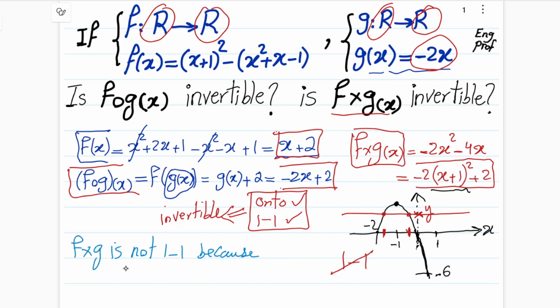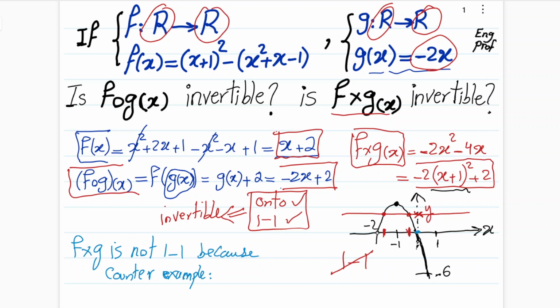So I'm going to write it here. Because of this counterexample, what is that counterexample? It is this: when you set x equal to 0, you get 0 for the whole function.